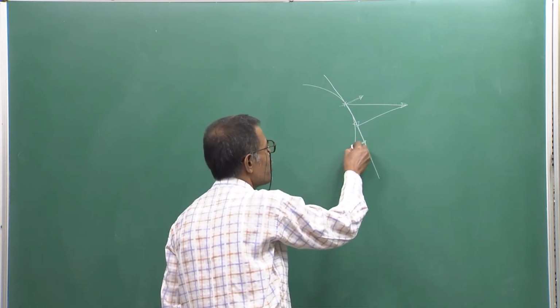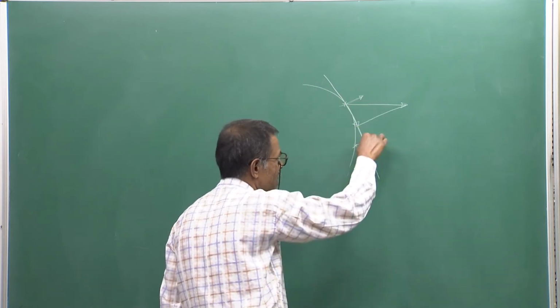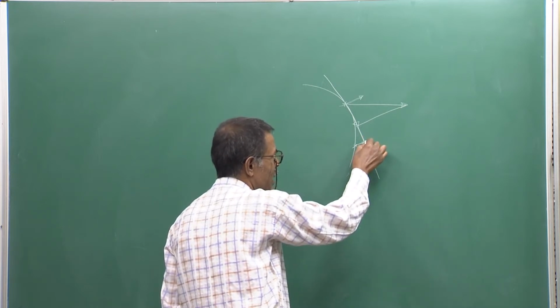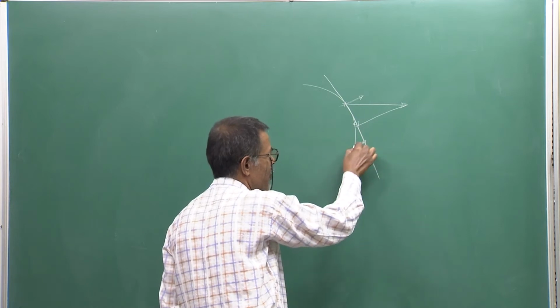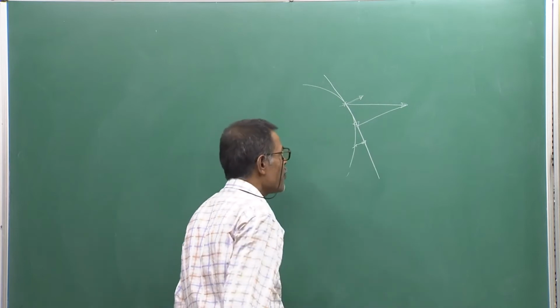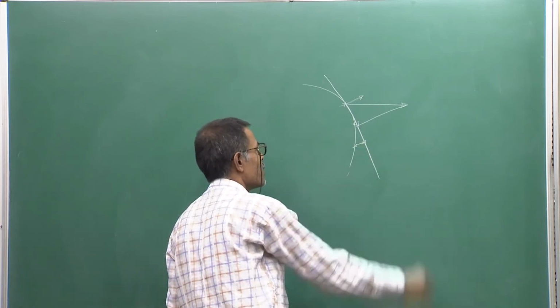So, perpendicular to this, how far to go? You see, first you went in the tangent direction to come here, that is for optimality, and now you are going exactly in the orthogonal direction to ensure feasibility back. So, this direction you know, that is grad h, that is A transpose.